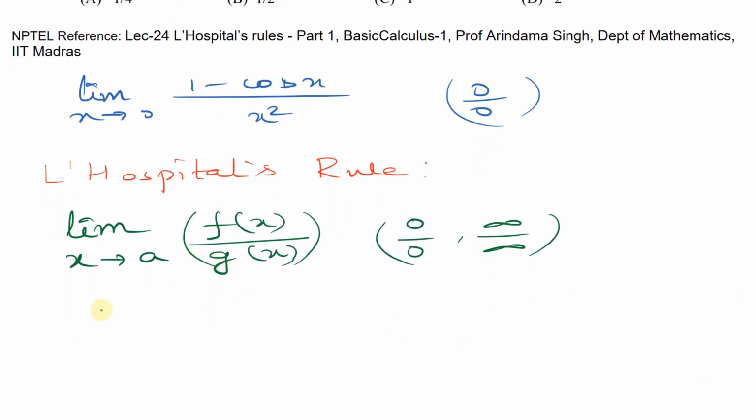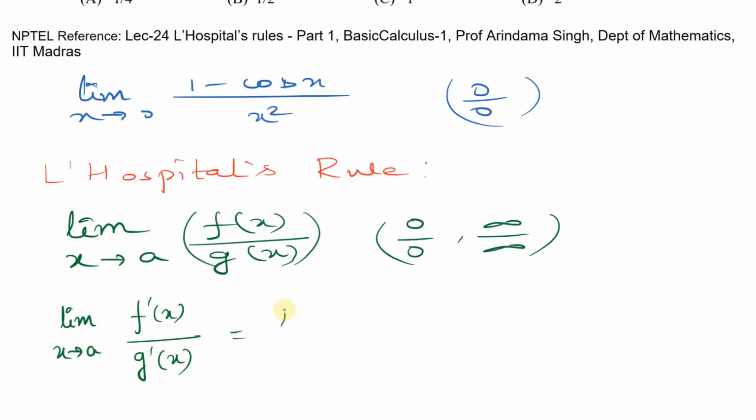According to L'Hopital's rule, we can write this as limit x tends to a, and we can simultaneously differentiate the numerator as well as the denominator. So f dash of x, the first derivative of f with respect to x, upon the first derivative of g with respect to x. If this is again an indeterminate form, we can differentiate again.